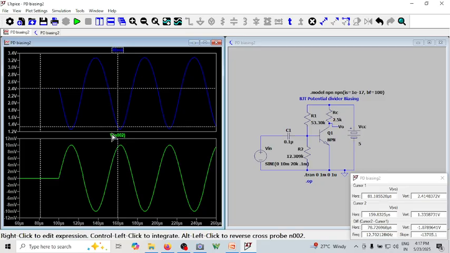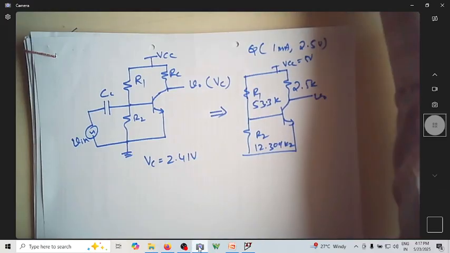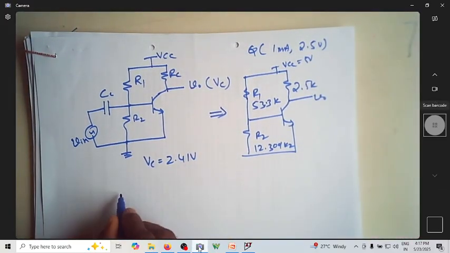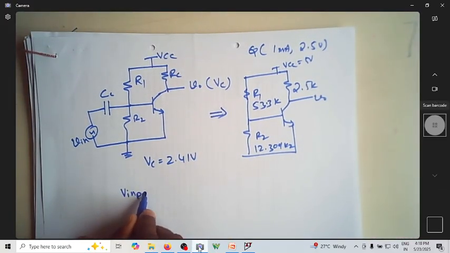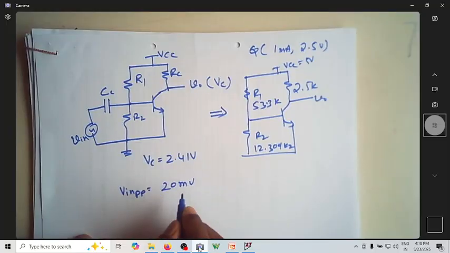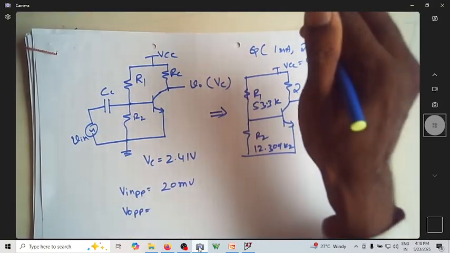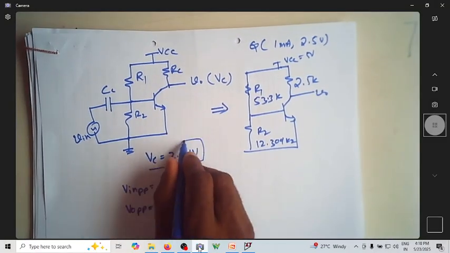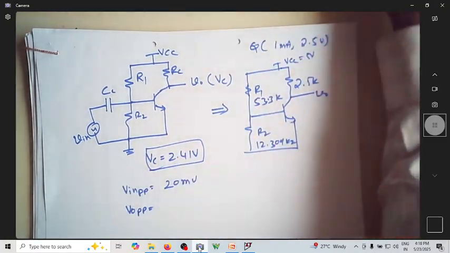If you measure the peak to peak of input, you know that input peak is 10 millivolt and here it is minus 10 millivolt. So peak to peak input is 20 millivolt, meaning Vin peak to peak is 20 millivolt. So what is V naught peak to peak? Let me measure. This is VC, 2.41 volt that I measured, the DC voltage.